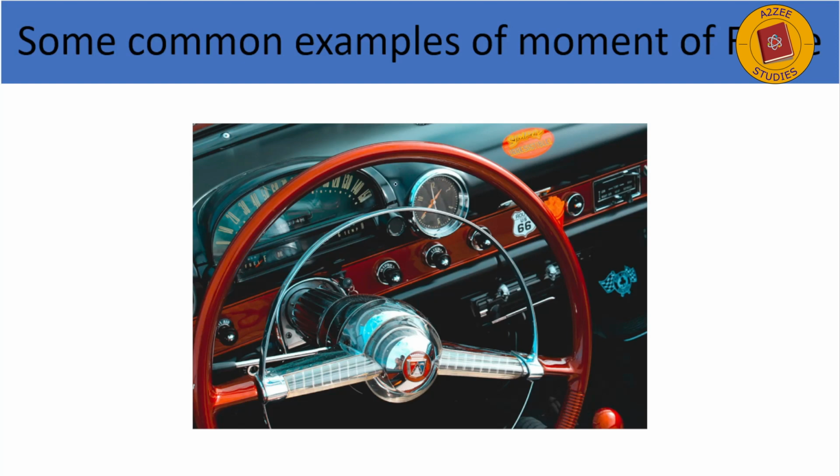Again you will see that while turning the steering, bigger vehicles like trucks, tempos, or buses have a bigger steering wheel and the smaller cars have a small steering wheel.